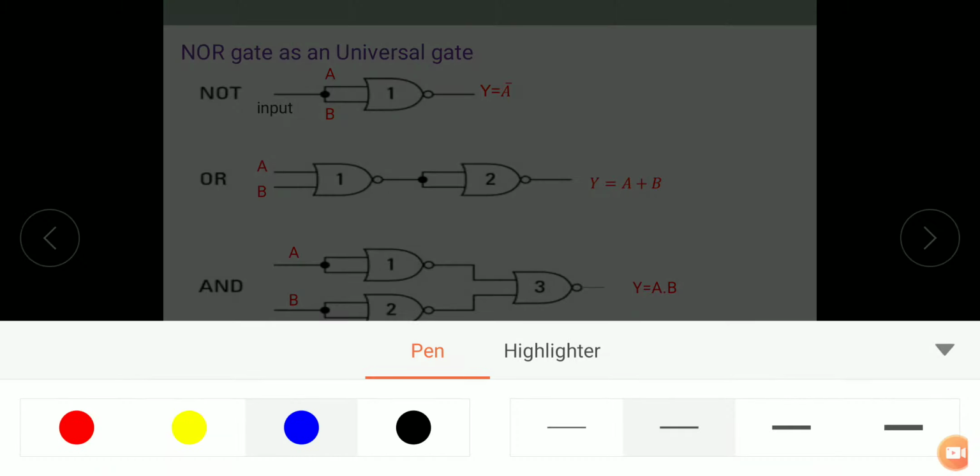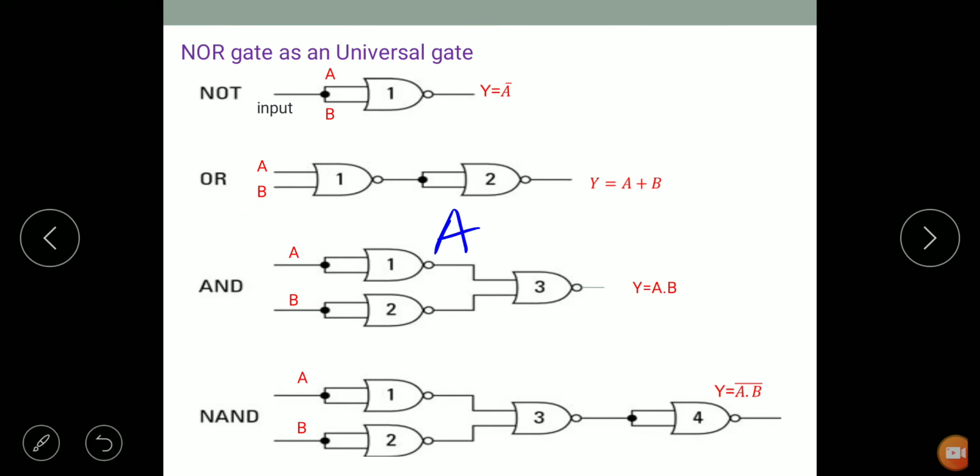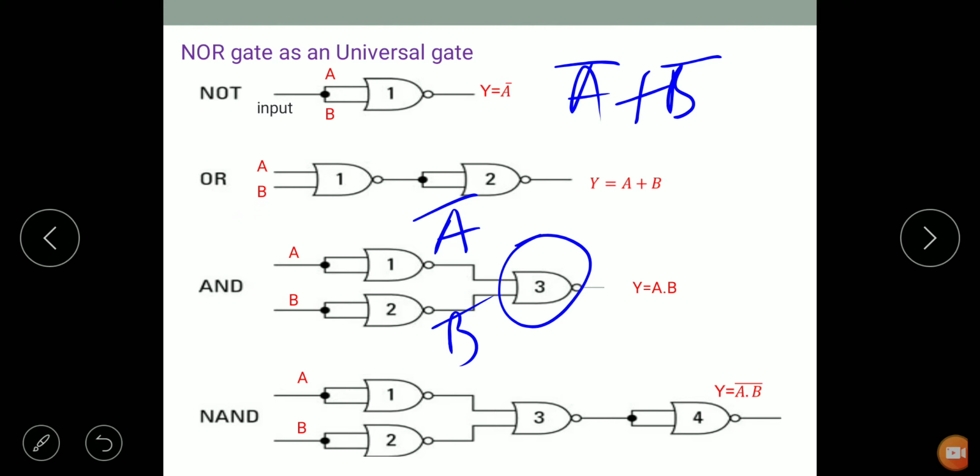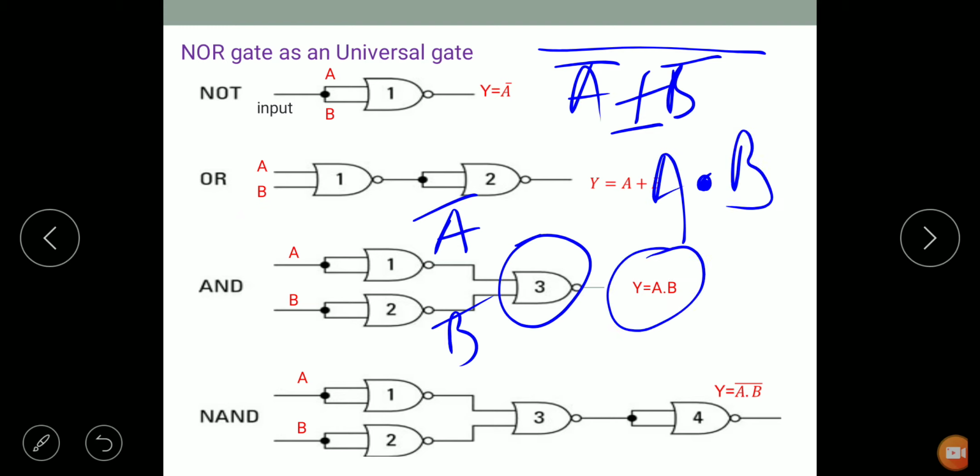A bar plus B bar, whole bar. If we apply De Morgan's theorem, instead of plus we make a dot, and inversion means the complement of each variable. So A bar bar is A and B bar bar is B. So we get this equation.